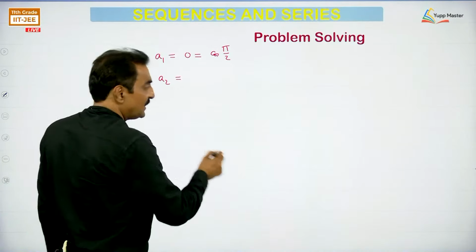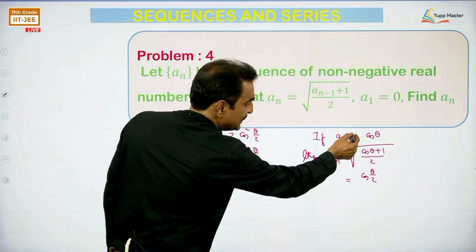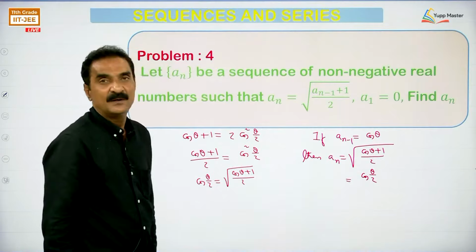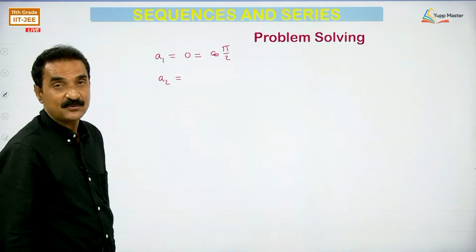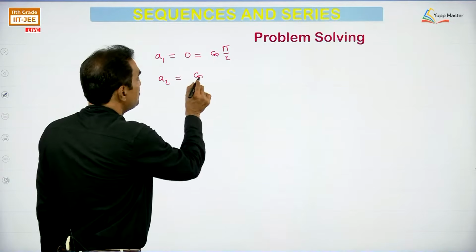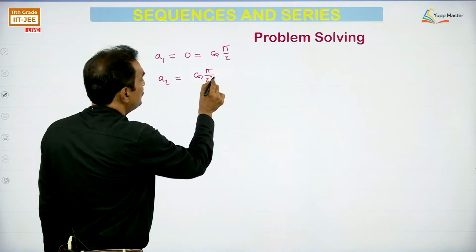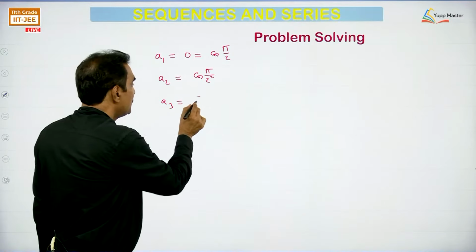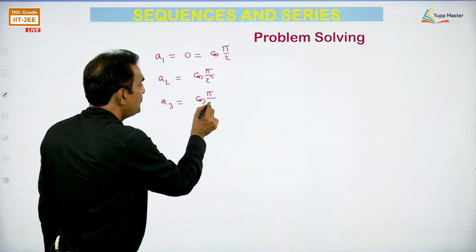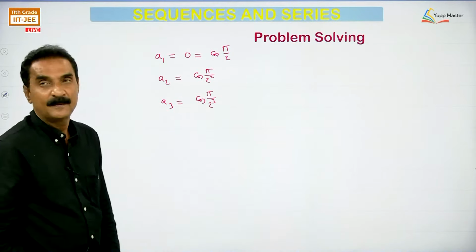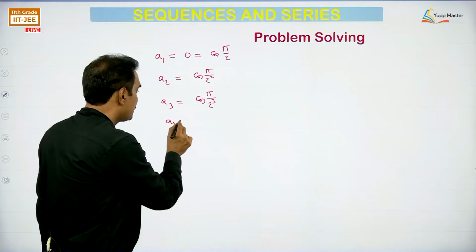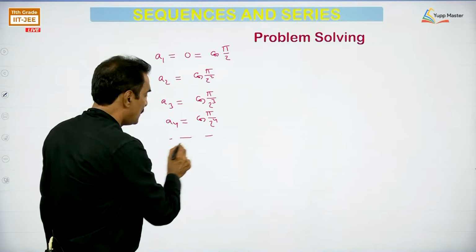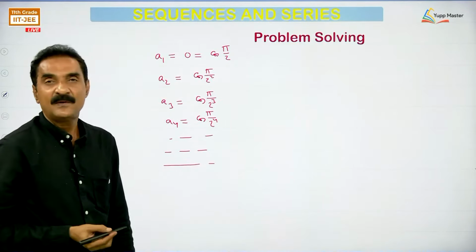According to this, if the previous term is cos theta, the next term will be cos theta by 2. So, if a1 is cos pi by 2, a2 will be cos pi by 2 square. Then a3 will be cos pi by 2 cube, and a4 cos pi by 2 power 4 and so on. Then what will be an?